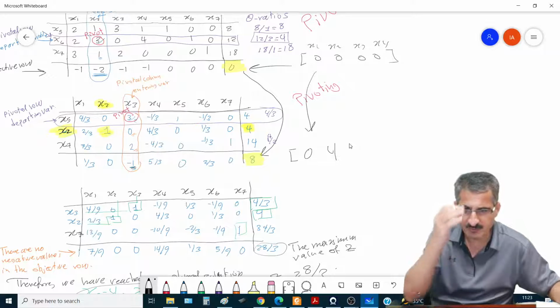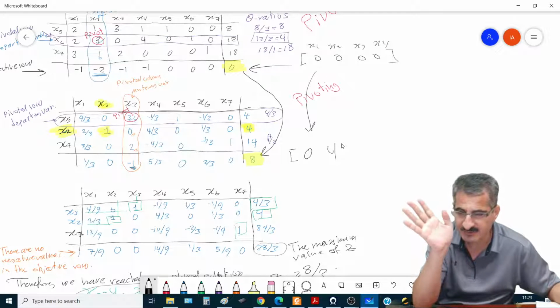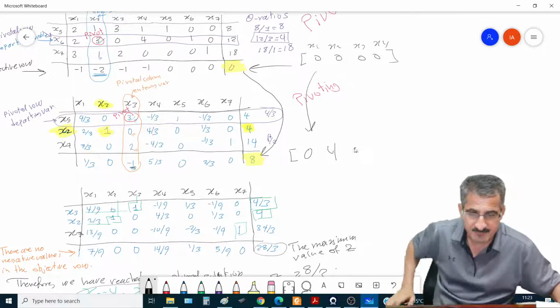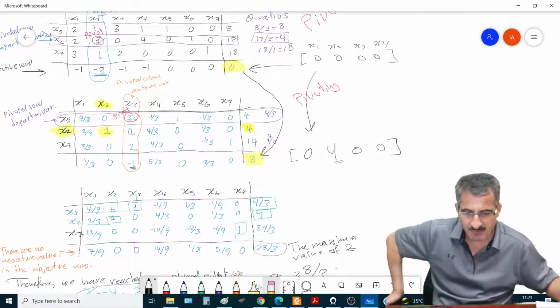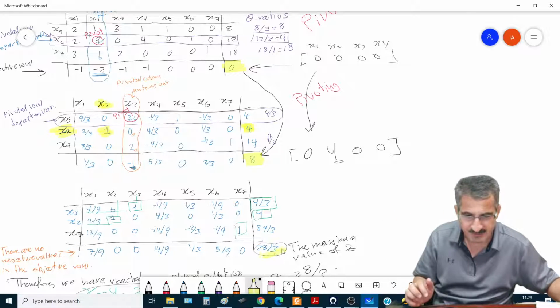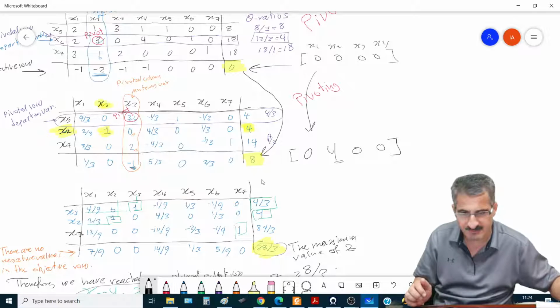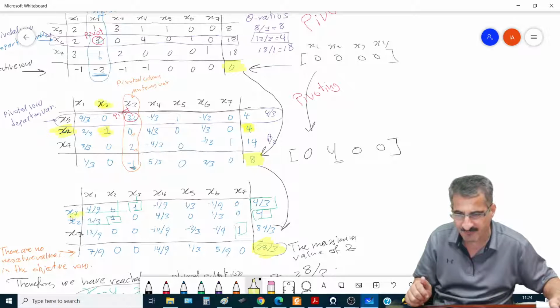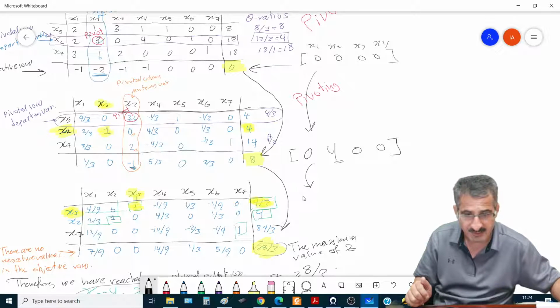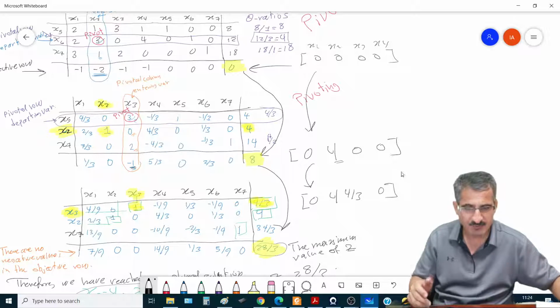We removed x6 and replaced it with x2. Now one more step. Repeating the process again makes us reach this maximum value of the function by removing x5 and replacing it with x3. So this is another extreme point which is adjacent to the previous one.